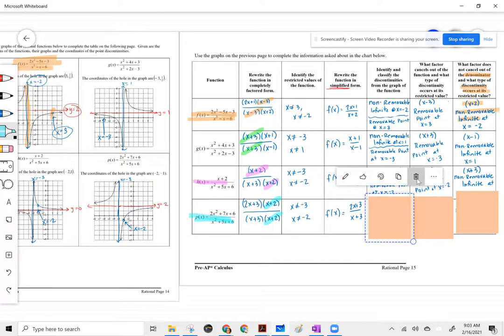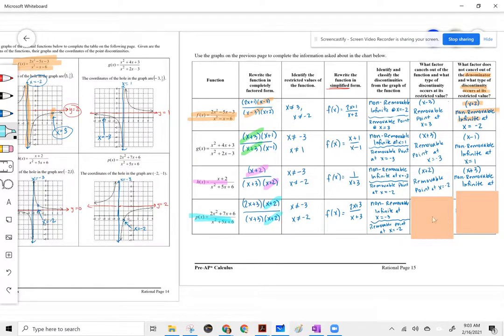So not only do we have non-removable infinite, but we have that removable point. What factor cancels out? That's going to be the x plus 2. What does not cancel out? That's going to be the x plus 3.